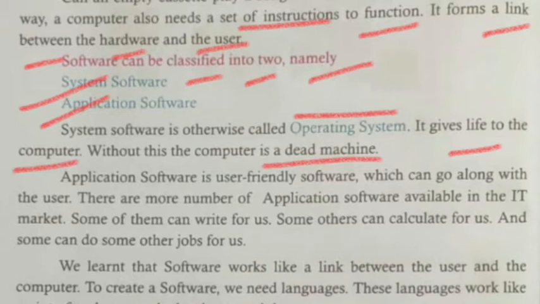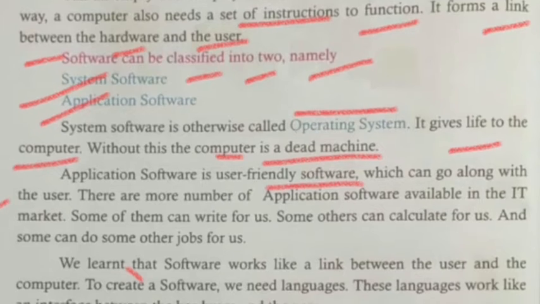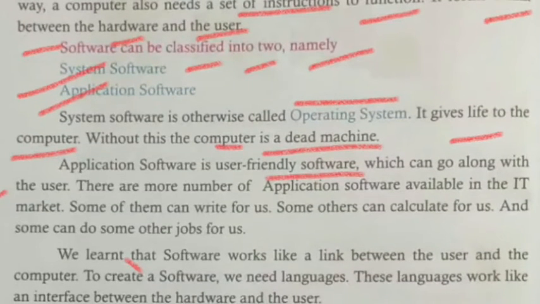Application software is user friendly software, which can go along with the user, children. There are many application software available in the IT market. Many software is available because of this technology, which is present in the market.